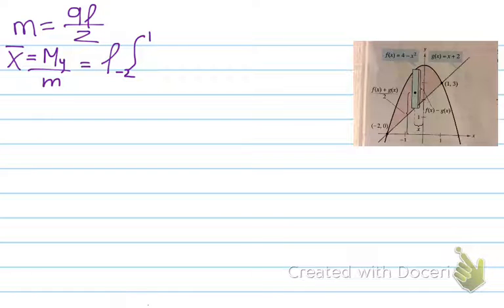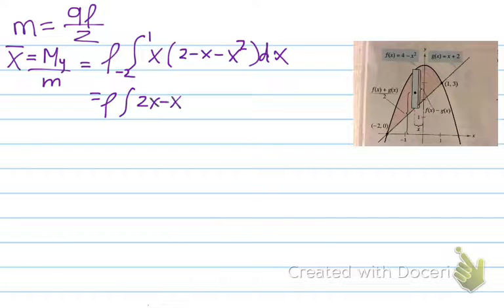So x times f of x minus g of x, which we already discovered from the last one when we were just doing the mass, we figured out that it was 2 minus x squared dx. So that would be rho times the integral of 2x minus x squared minus x cubed dx.